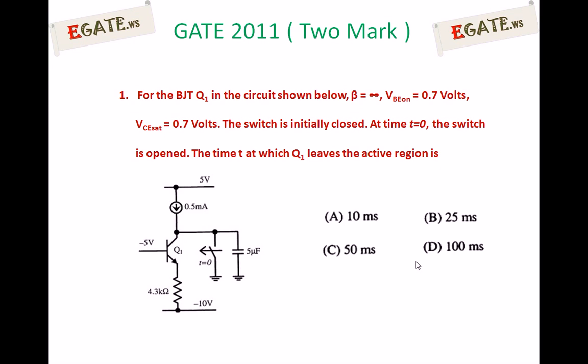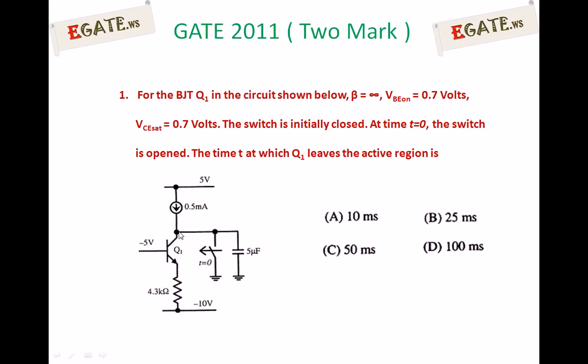Look at the diagram. For the transistor, beta is equal to infinite, VBE on is equal to 0.7 volts. VBE on is nothing but VBE saturation. VCE saturation is given as 0.7 volts. The switch is initially closed. Switch closed means the ground is connected across this point, that is the collector of Q1.